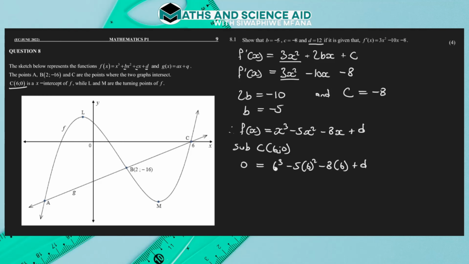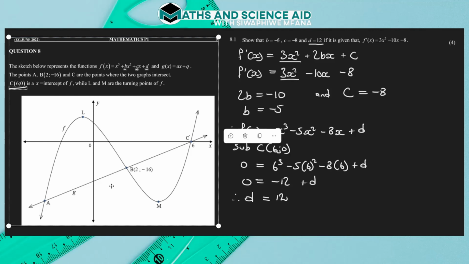And now if you take your calculator and sum up all of these values, you will get negative 12 here. So negative 12 plus d, which means that d is equal to 12 as expected. So just like that, we have successfully shown that b is equal to negative 5, c equals negative 8, and d is equal to 12. So this is exactly how you can solve this problem.